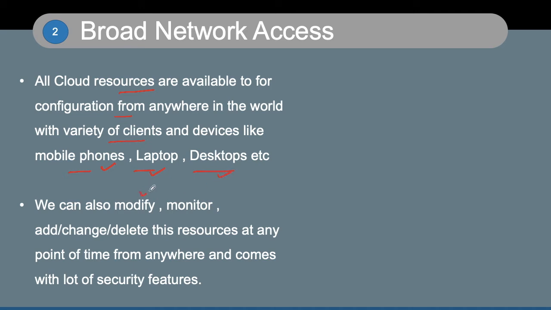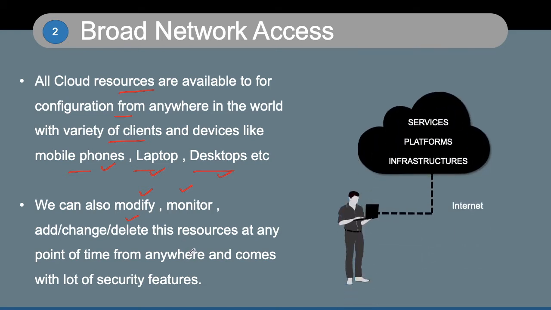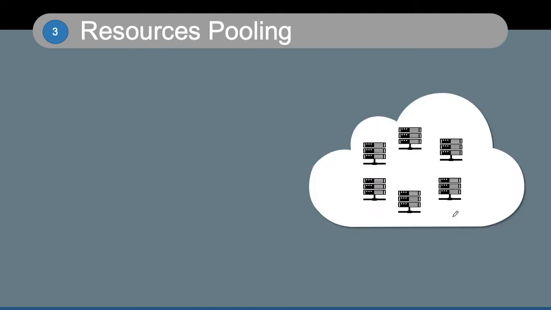We can modify, monitor, add, change or delete these resources at any point of time from anywhere, and it comes with a lot of security features as well. So what do we mean by that? You have infrastructure, platforms and services available, and all of these are configurable from anywhere in the world using a simple internet connection.